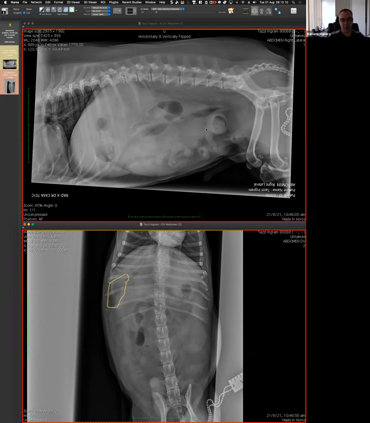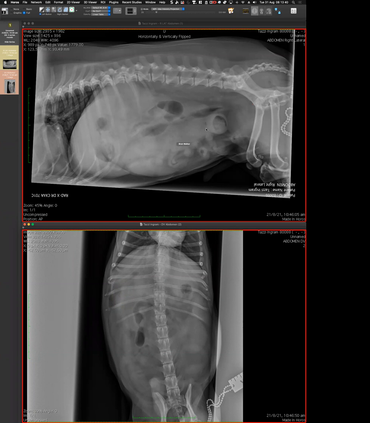Then I think now there are comments in agreement that there is something wrong with the detail. I think you call it ground glass opacity or something like that. And then there is something that is gas tubular, I would add gas filled in the right cranial abdomen. So we have those, let's say, 4 findings.